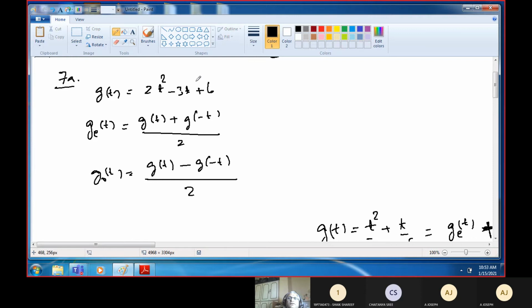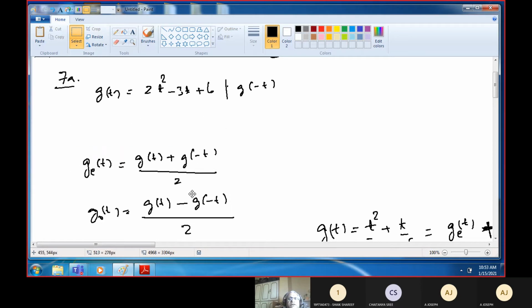Okay, now we already have the function here. So what we do now, we will simply write g(-t) also, below this one so that there's no confusion.